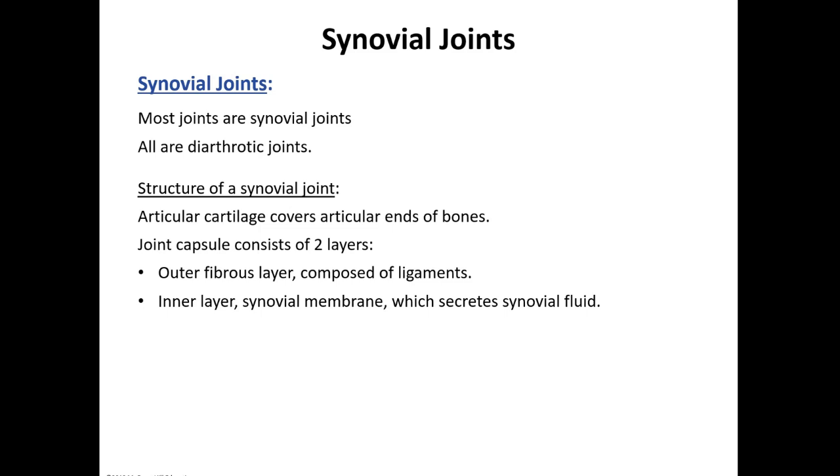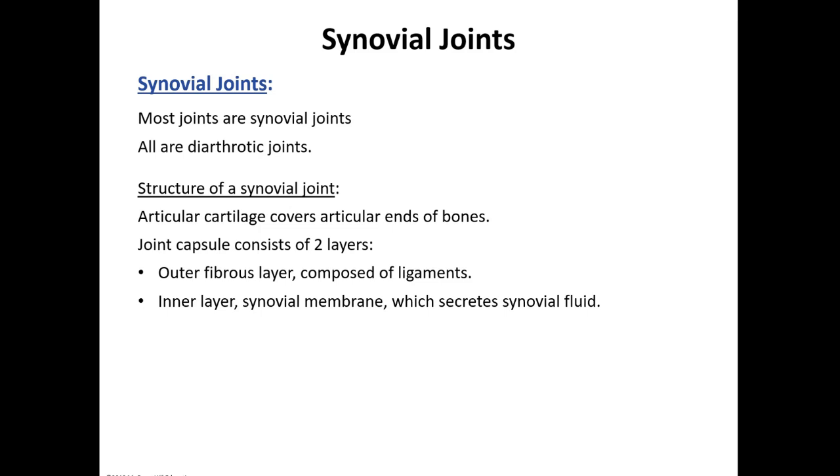Most joints in our body are synovial. When I move my head like this, synovial. My elbow, synovial. My wrist, synovial. My fingers, synovial. These joint types allow us to perform free movements, no restriction.